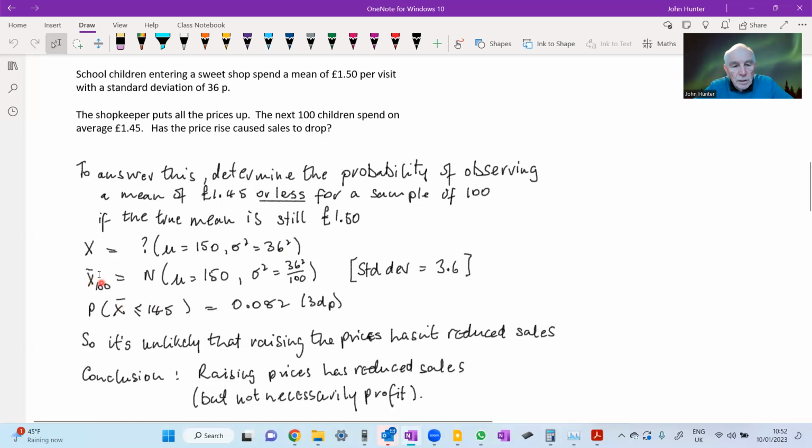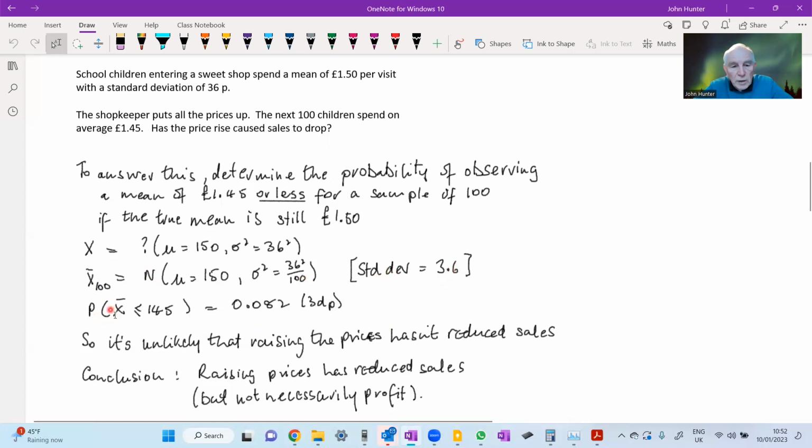So the sampling distribution, that's what happens when we basically average 100 children, has got a mean of 150, and well, we have to divide by 100, and that gives us a standard deviation of 3.6.